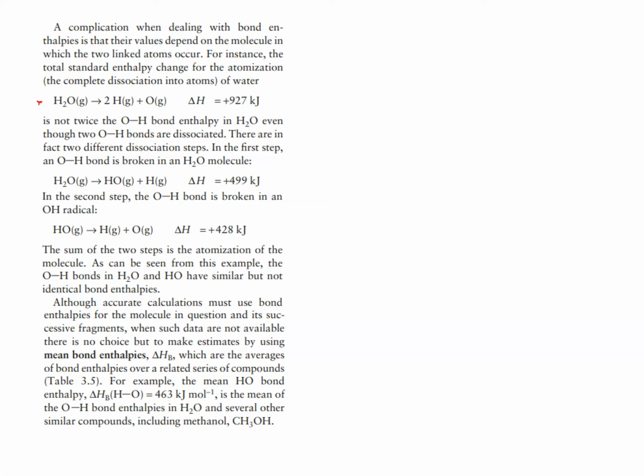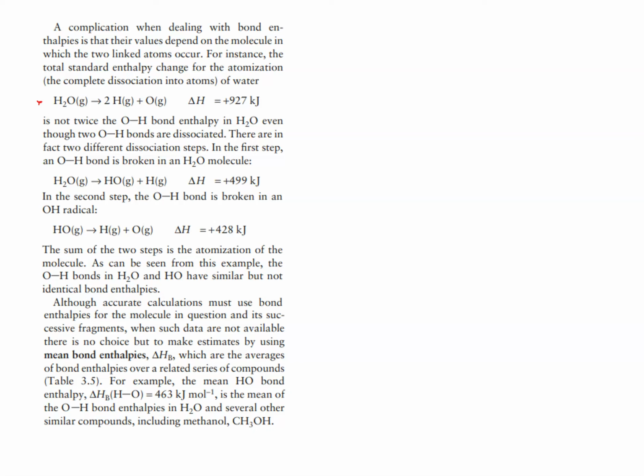This energy of atomization is not twice the oxygen to hydrogen bond enthalpy of water, even though 2 oxygen to hydrogen bonds are dissociated. There are, in fact, 2 different dissociation steps.